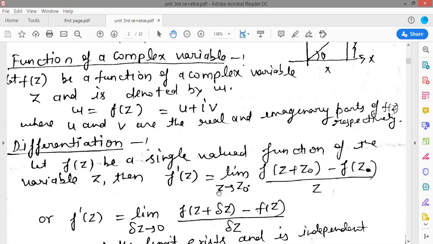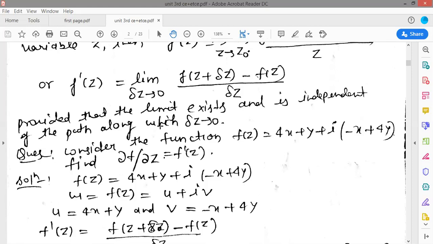This is the differentiation formula. Or we can write it as f dash z is equal to the limit as delta z tends to 0 of f(z plus delta z) minus f(z) upon delta z. That means z minus z0 is replaced by delta z here.